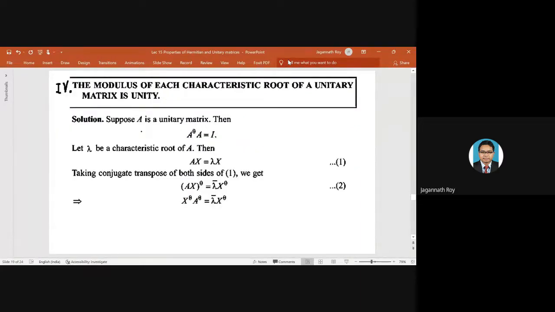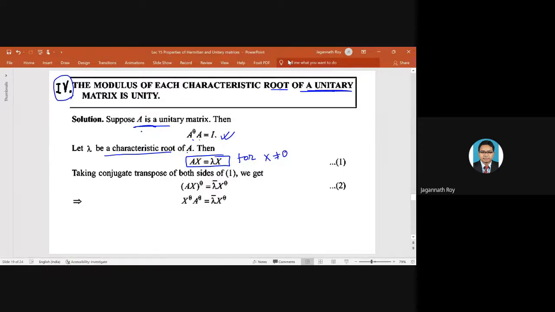The next theorem, which is a very important property: the modulus of each characteristic root of a unitary matrix is unity. Now suppose A is a unitary matrix. So A theta equals I, A theta into A equals I. Now lambda is a characteristic root of A. Then it will satisfy this equation for x non-zero.